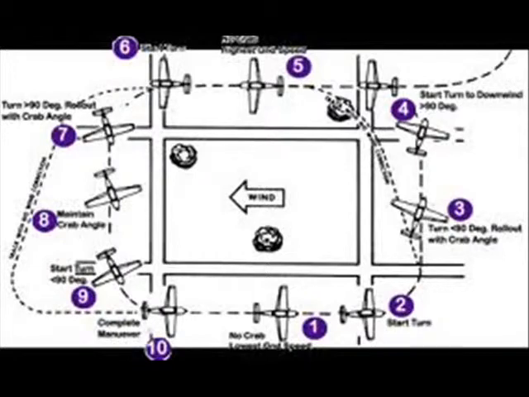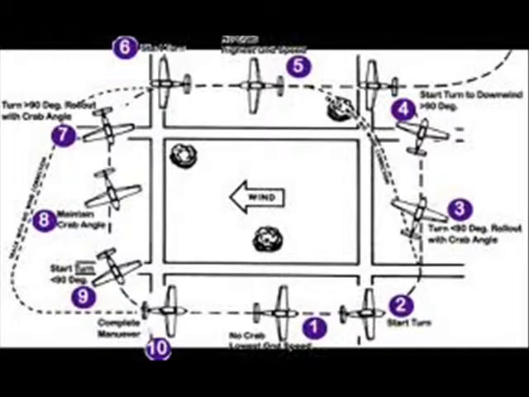We're crabbing into the wind, and the reason for that is to keep us equidistant from all segments of that airport traffic pattern simulation. If we did not crab into the wind, 7 and 8 show the dotted line as the wind's pushing us away. So this is where the student has to have a good understanding of what is happening with the wind and how the wind does affect the ground track over the course of the ground.